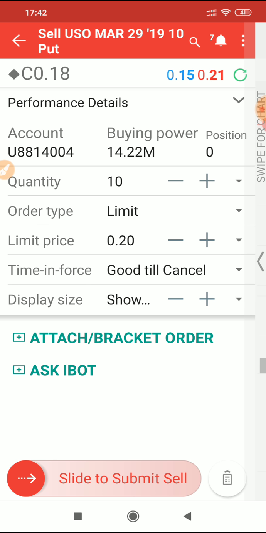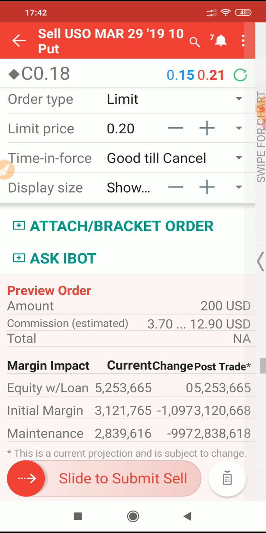That's 10 times 100 shares, so I've got to have the money in my Interactive Brokers account to buy 1,000 shares of USO at $10 a share. So I've got to have 10,000 US dollars in my account to make this trade. But with that $10,000, I'm collecting 200 US dollars.